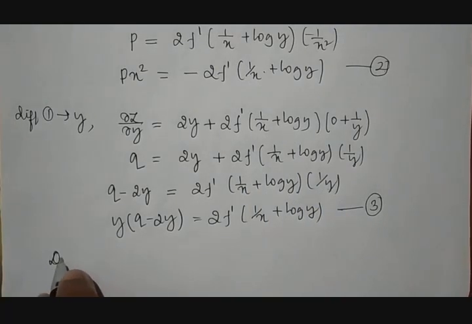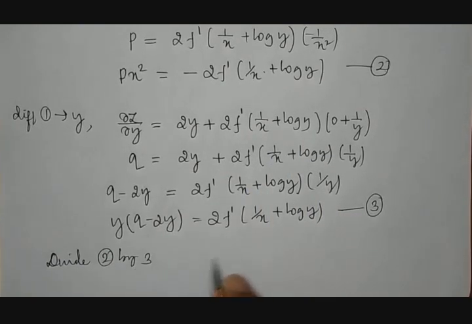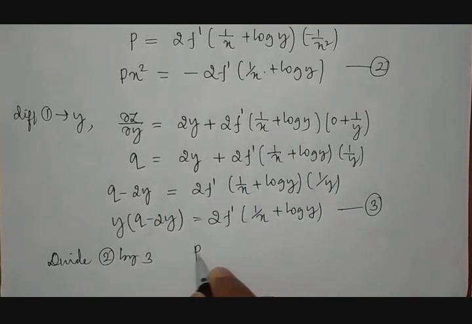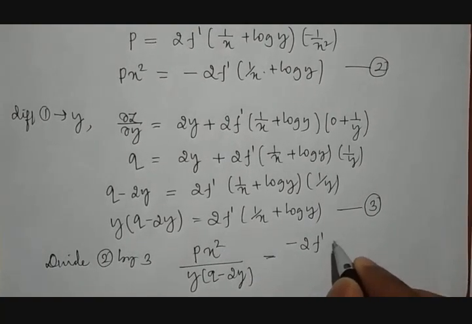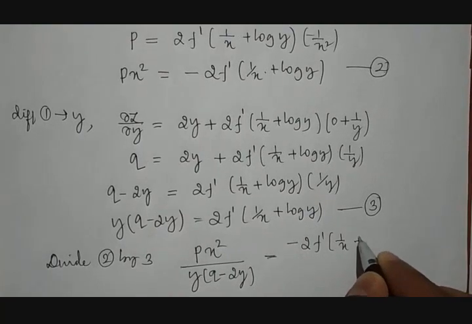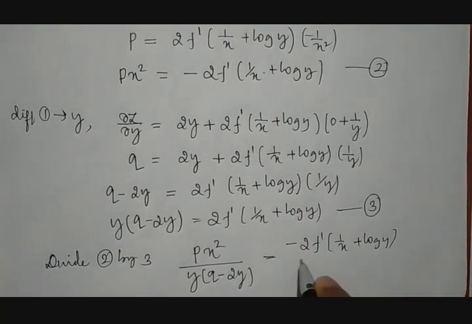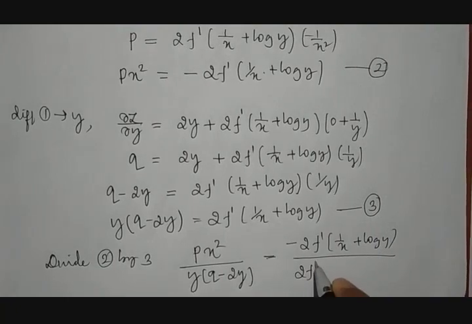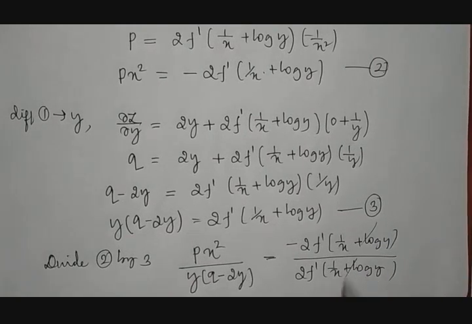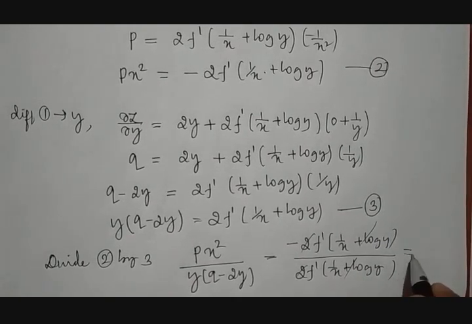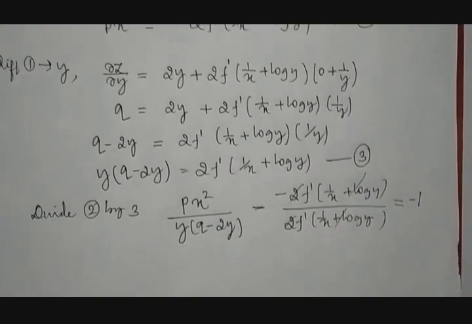If you divide equation number 2 by 3, then we get p x square divided by y into q minus 2y, which will be equal to minus 2 into f dash of 1 divided by x plus log y divided by 2 into f dash of 1 divided by x plus log y. So this term gets cancelled. Then this will be equal to minus 1.